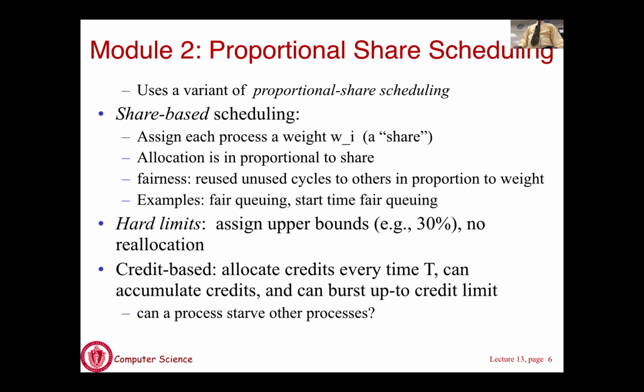Now, there are some issues you want to keep in mind. Some variants of these are actually going to cause starvation. So, for example, what might happen is you have given two processes weights, let us just call it 1:10.